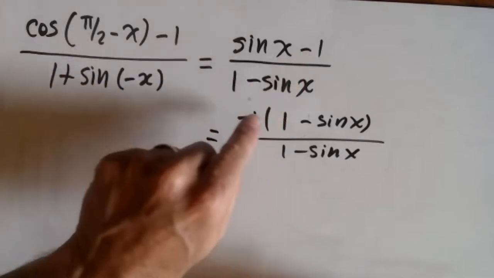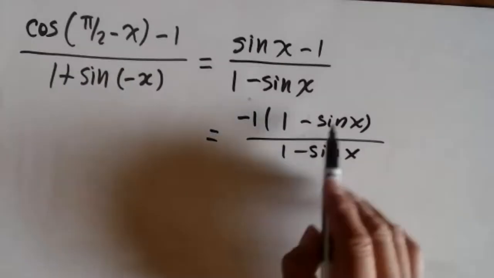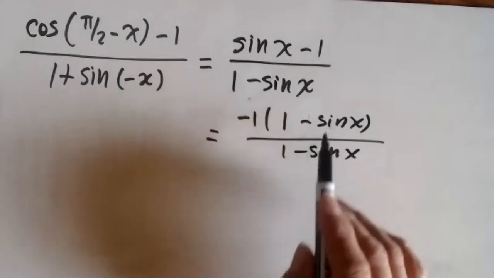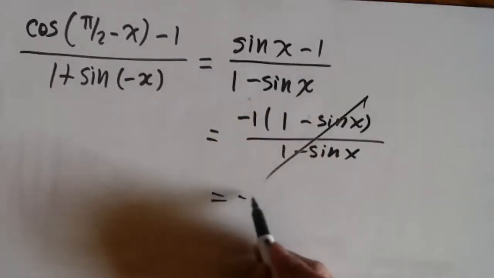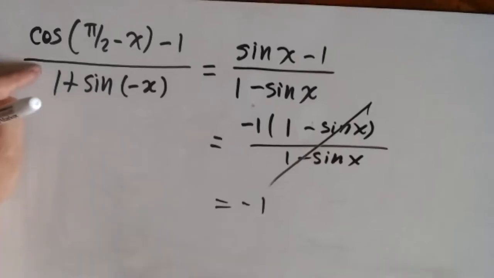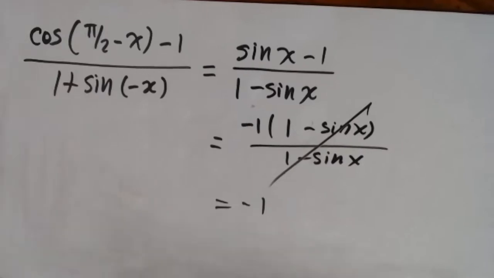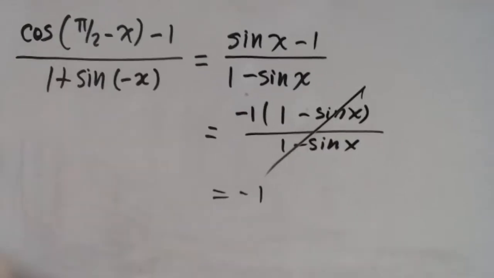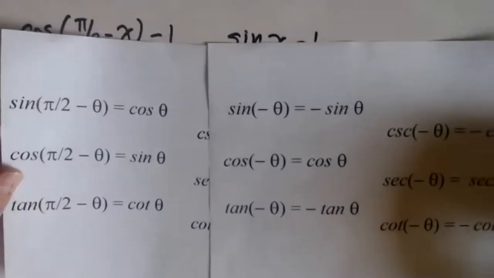This one, negative times a negative, positive sign. So what I did was to have the same in the numerator and in the denominator. So I can cancel this one, and my answer is negative 1. Okay? So remember, what we're going to use is these identities, so you have to keep the formula booklet with you all the time to solve this.